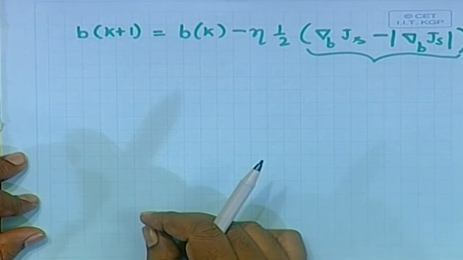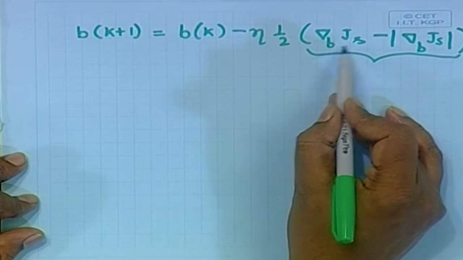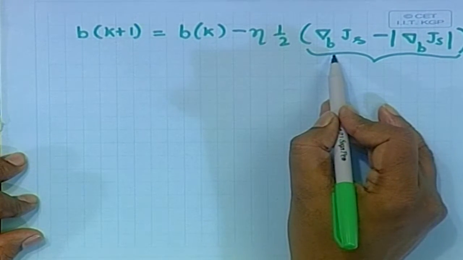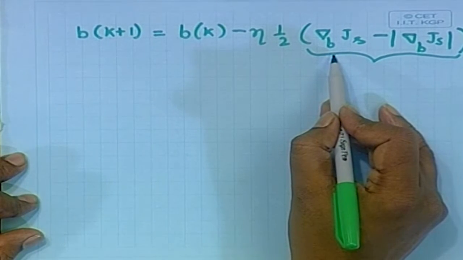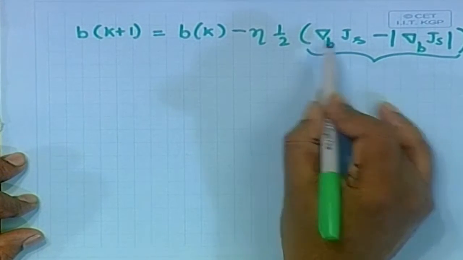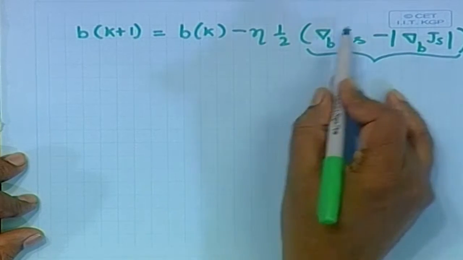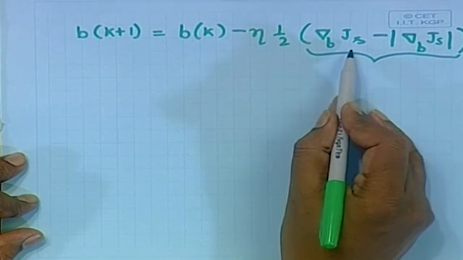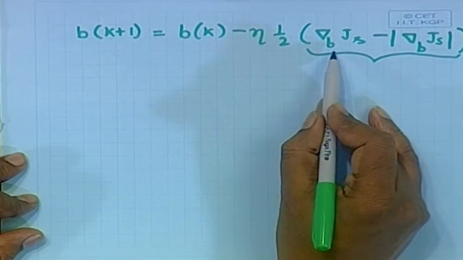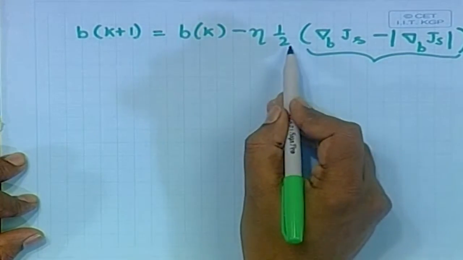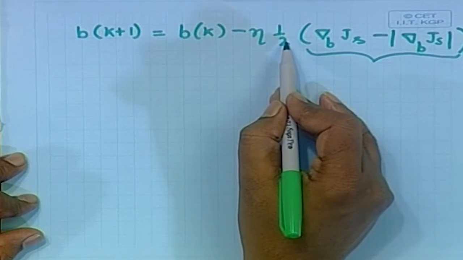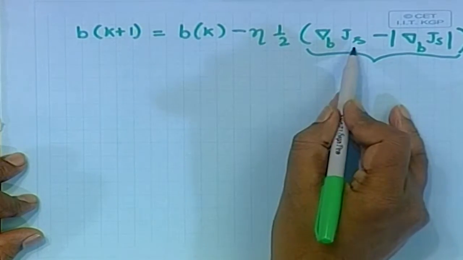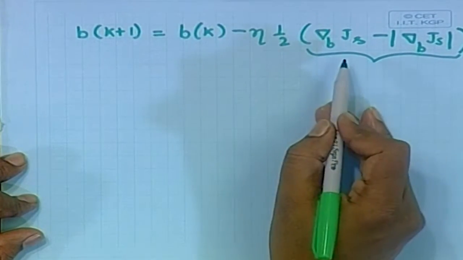Whereas, if the gradient of Js with respect to b is negative, here it is minus, here it is also minus. So, I get a negative quantity which is twice the gradient of Js with respect to b. To nullify this factor 2, you incorporate this half, and here it is negative, here also it is negative, so overall you get a positive term.